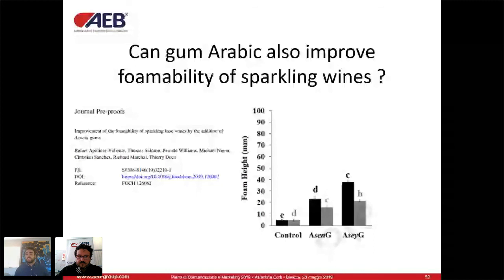There are a lot of studies that have been done, not just by AEB, with different years that show that the addition of tannins can improve the quality of your wine. However, it always depends on the starting wine.